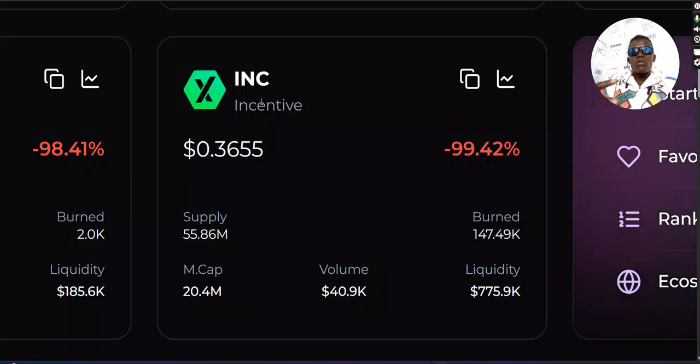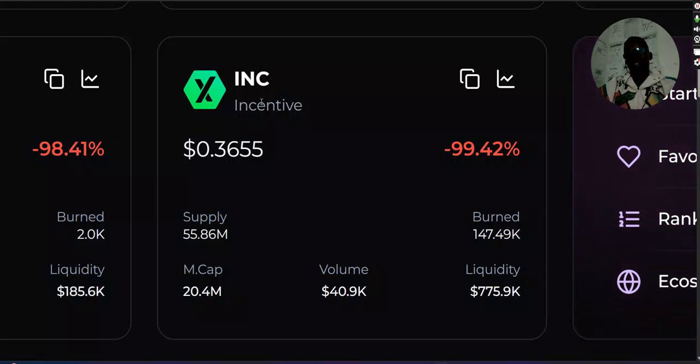So you bring in two sides of that pair. You bring in Pulse, and then you bring in the same amount of PulseX together, and then you provide that liquidity in that farm.